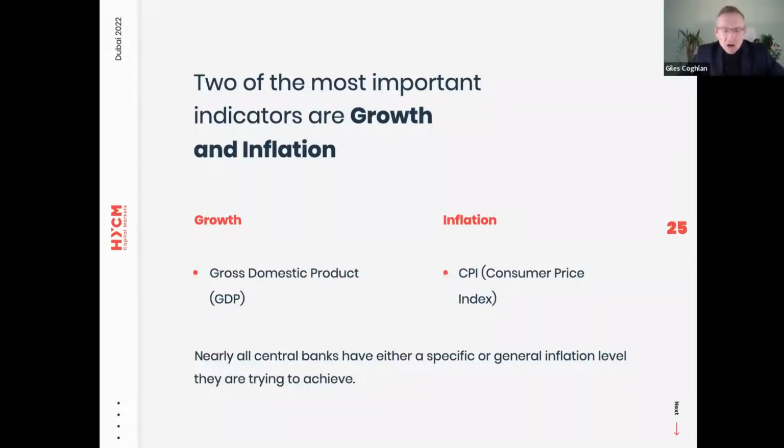Now you might say, Giles, well, that's impossible. How can I know what the central bank is focusing on? It's very easy, because the central bank tells you. When you read the monetary policy report, they will tell you what they're concerned about, what they're worried about, what they're focused on.